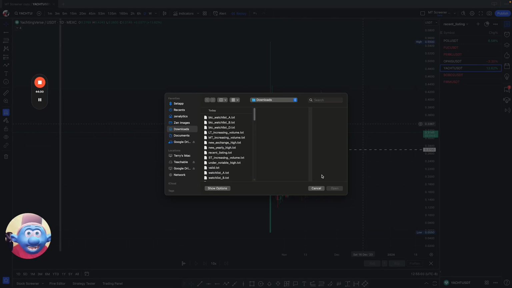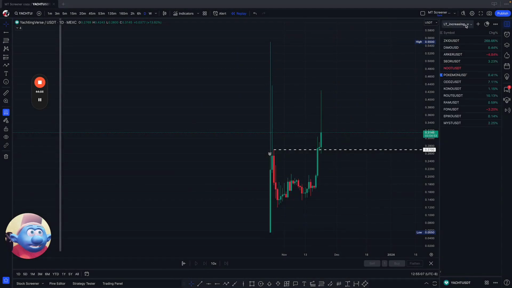Once they're flagged, like let's put it on the long-term increasing watch list, if there's an asset that shows up as a flag on the medium term, long term, or short term watch list, then I'm going to pay attention to this even more than another symbol that I have a flag for that isn't on the increasing volume watch list. So that's really the importance of creating these flags.